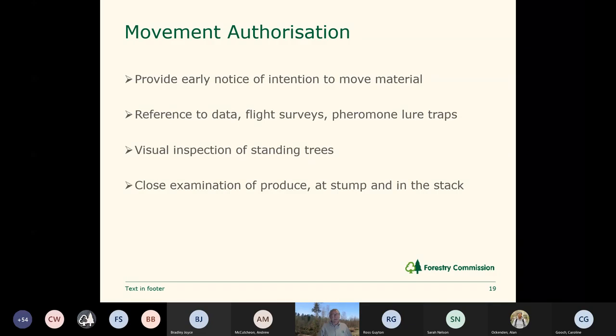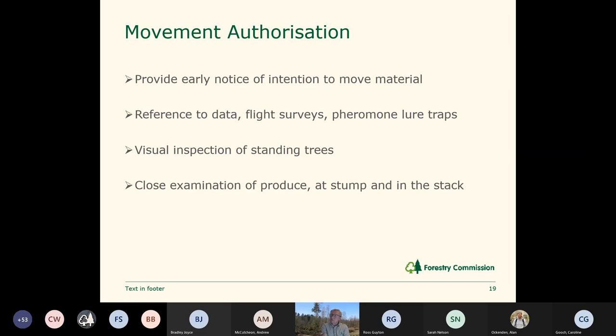We will inspect the standing trees within the stand, and then either following or during harvesting, we'll give a close examination of produce at stump and in the stack to again verify that there isn't any evidence of the beetle in the stand.